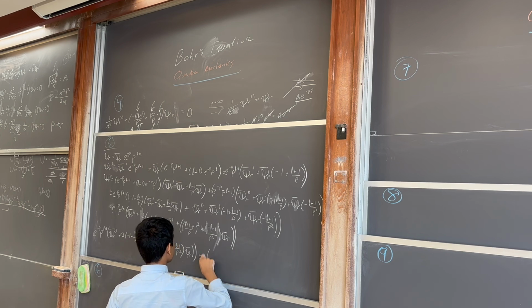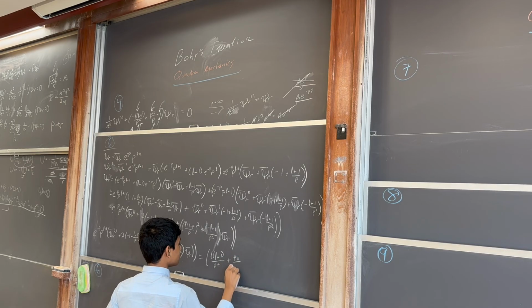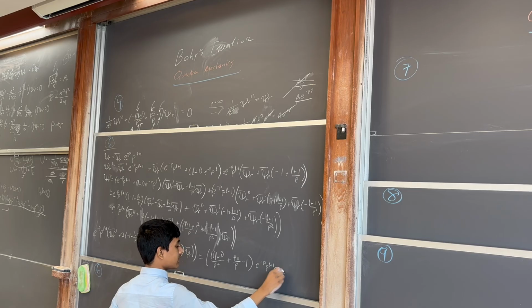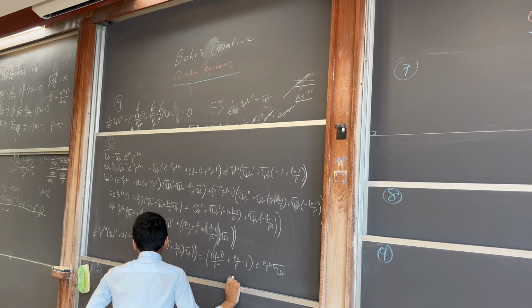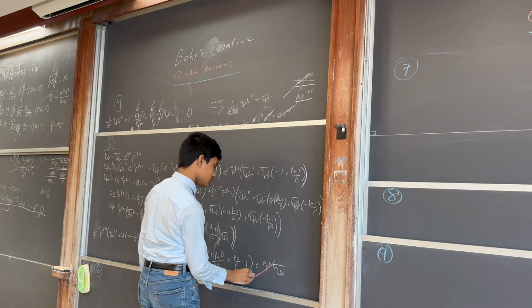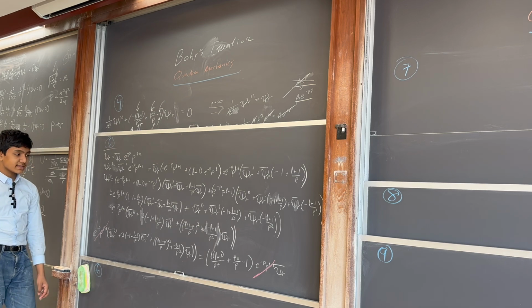So it becomes l times l plus 1 over rho squared plus rho naught over rho minus 1, times e to the minus rho, rho to the l plus 1 bland function. Now, first of all, we can cancel out these two terms, which allows us to at least break things down a little bit.